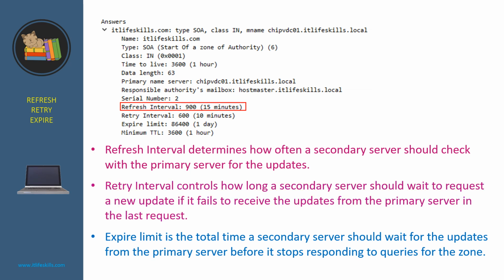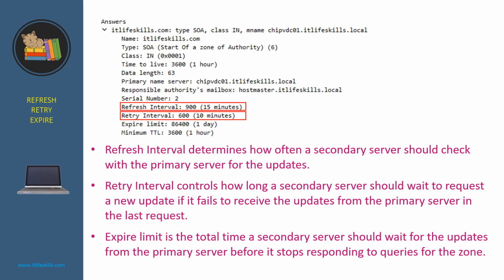The retry interval controls how long a secondary server should wait to request a new update if it failed to receive the updates from the primary server in the last request. So in this example, if OPVDC01 does not receive the answer from GPVDC01 for its update request, OPVDC01 will wait for 10 minutes to request another update.